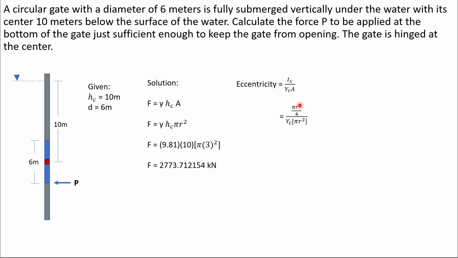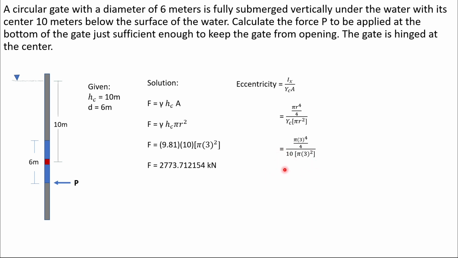So we have the value of I sub x of a circle is pi r^4/4, and the area of a circle is pi r squared. And we have yc here. Yc is simply, in our problem, equal to hc because the wall and the gate is vertical, so hc is equal to yc, which has a value of 10 meters.